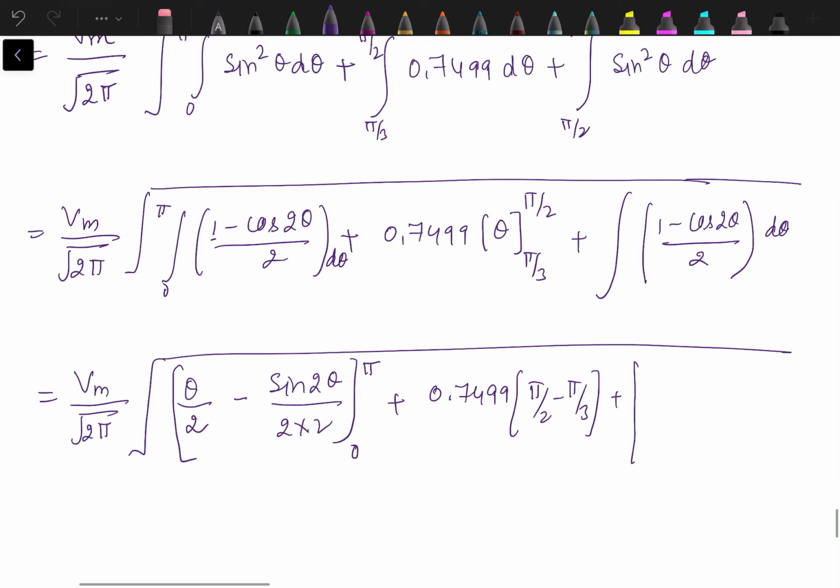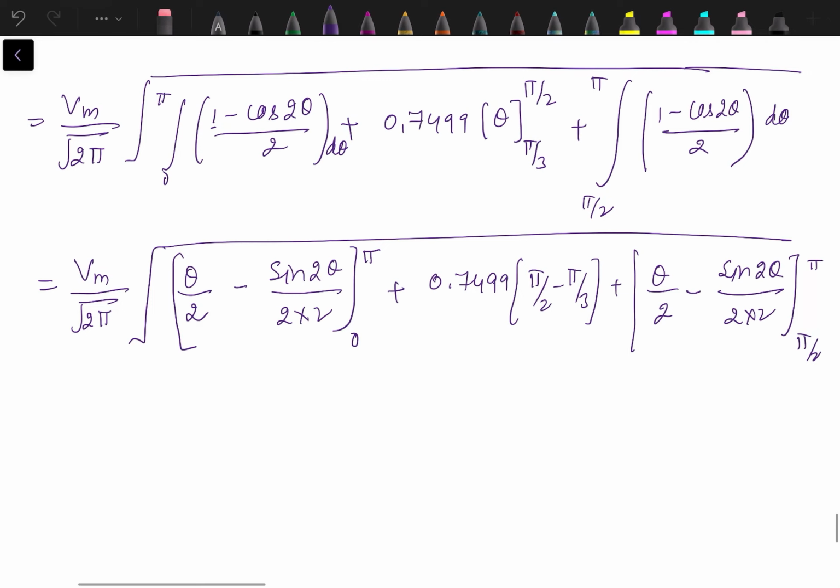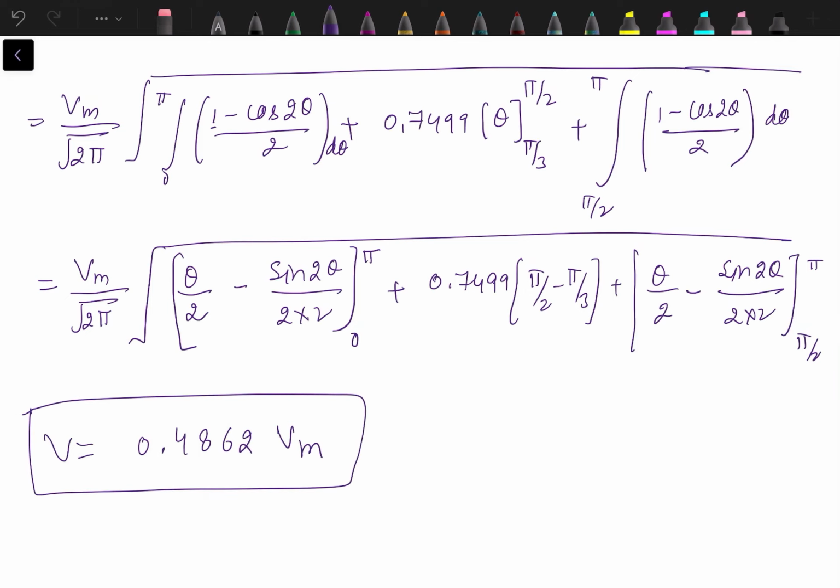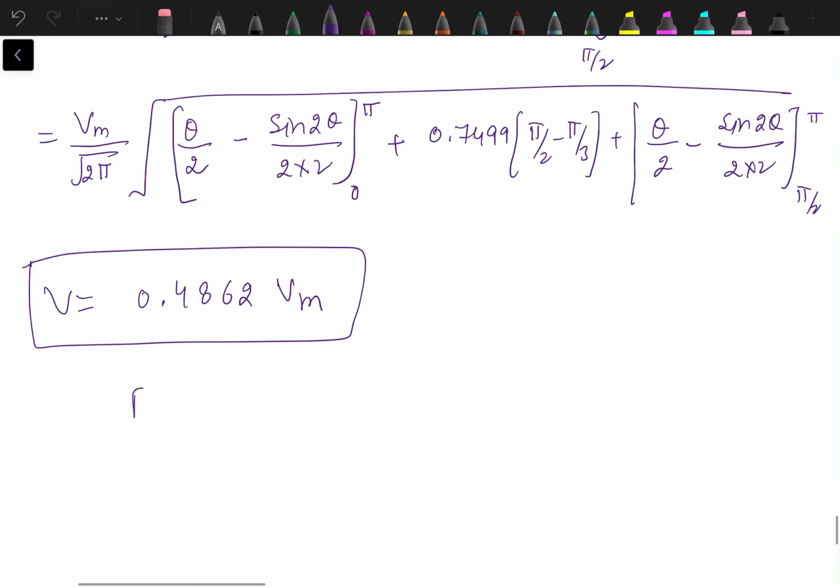Then again integration of this is theta by 2 minus sine 2 theta on 2 into 2, where the limits are from pi by 2 to pi. Now when we substitute all these limits and solve this, we will get the value of this RMS voltage as 0.4862 Vm. You can solve this and verify.